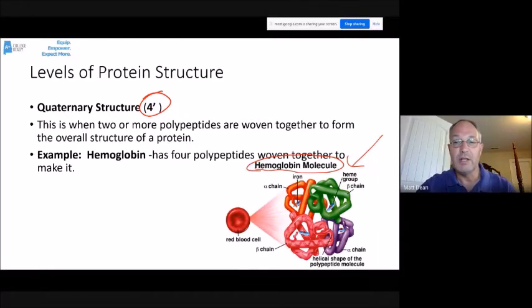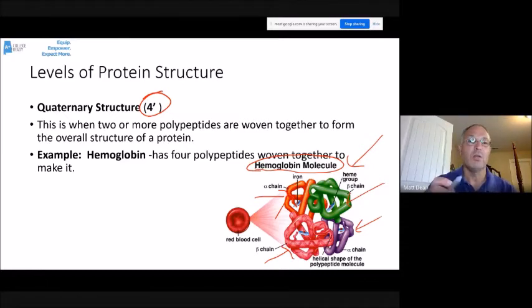And you can see that hemoglobin is made of 4 different polypeptide chains, all interconnected to form an overall 3-dimensional protein. That overall 3-dimensional shape of all the polypeptides wrapped together is called the quaternary structure. If any of those levels of structure change, that can change the overall shape and therefore the overall function of the protein, so it doesn't work the way it's supposed to.